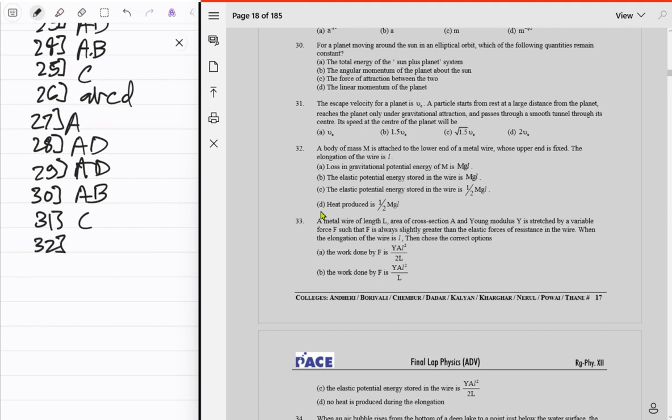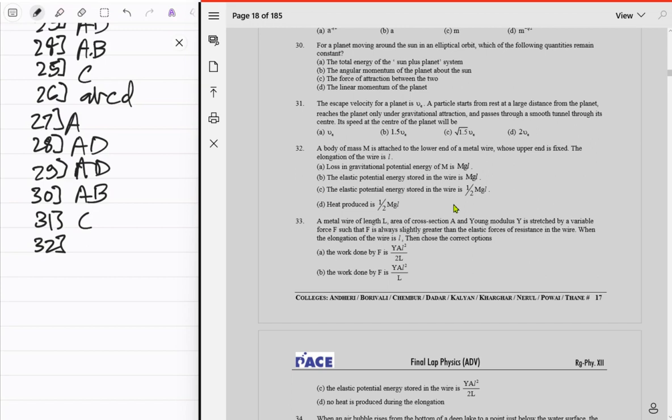और क्या है? A body of mass m is attached to the lower end of a metal wire whose upper end is fixed. The elongation of the wire is L. Loss in gravitational potential energy of m is mgl. Yeah, right. Elastic potential energy stored in the wire is mgl. No, no, it's not.